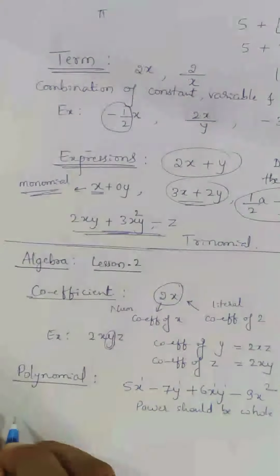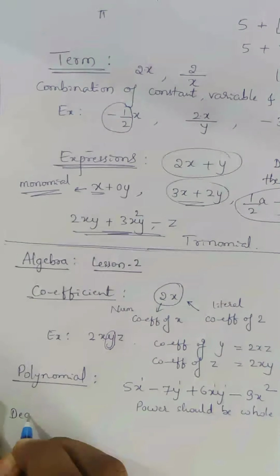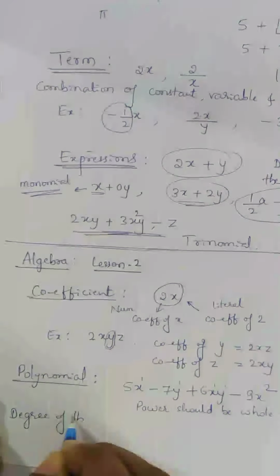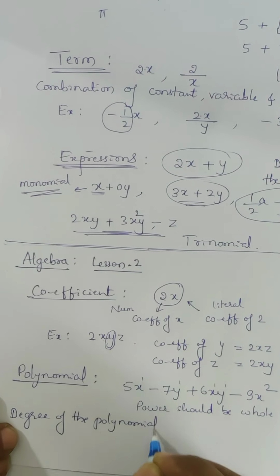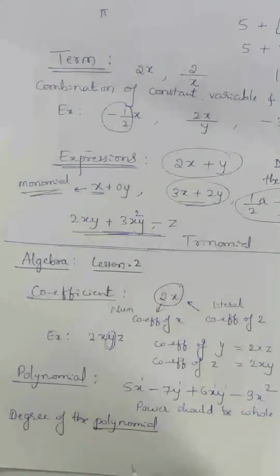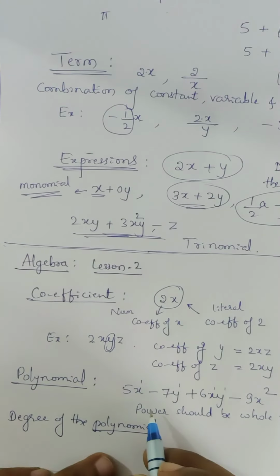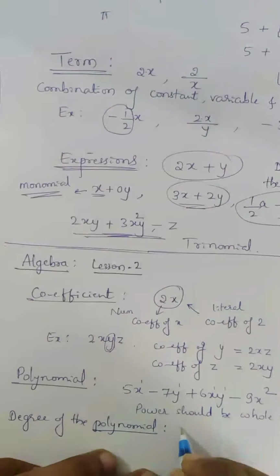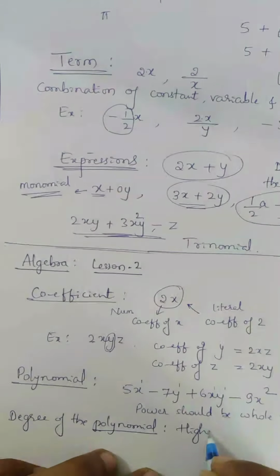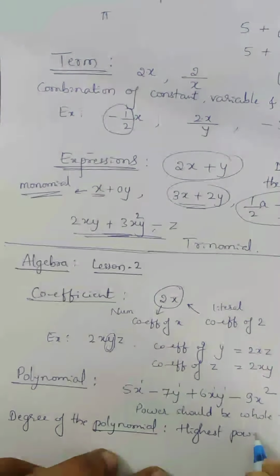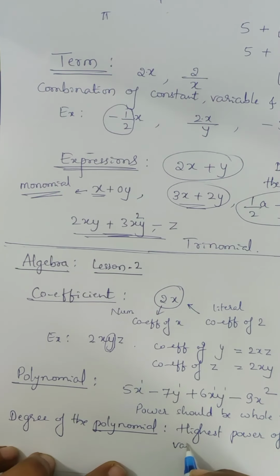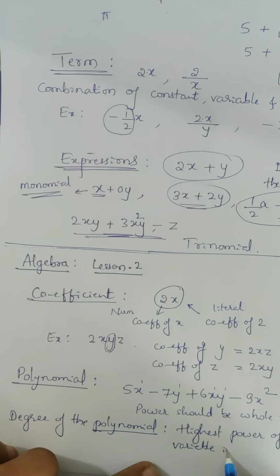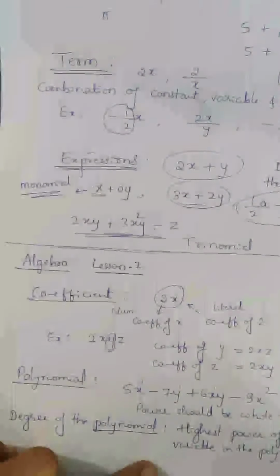After knowing about the polynomial, we have one more term to learn, that is called the degree of the polynomial. Degree of the polynomial is nothing but identifying the highest power of the variable in the polynomial.